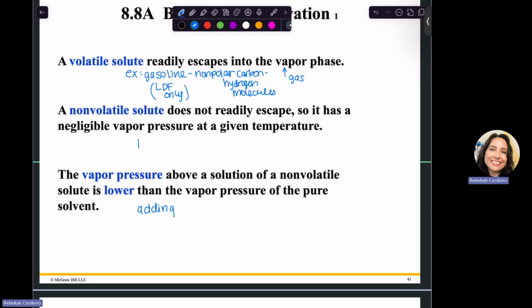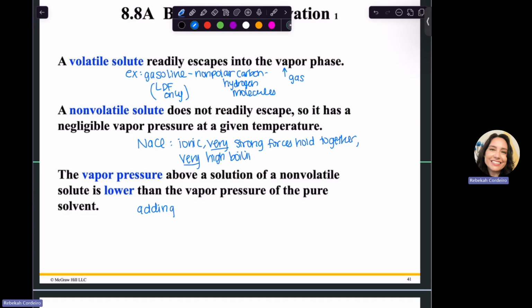Non-volatile would be like sodium chloride. This is ionic. Very strong forces hold it together, right? We don't even talk about this in terms of intermolecular forces. It's like beyond that. It has a very, very high boiling point.